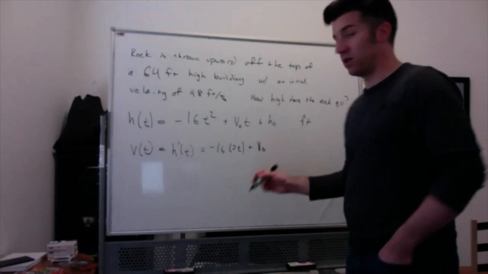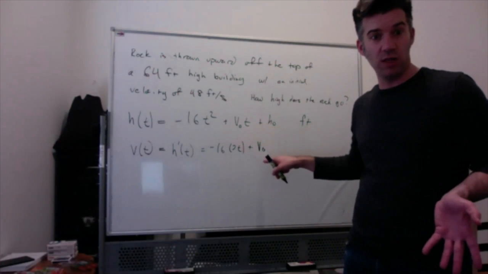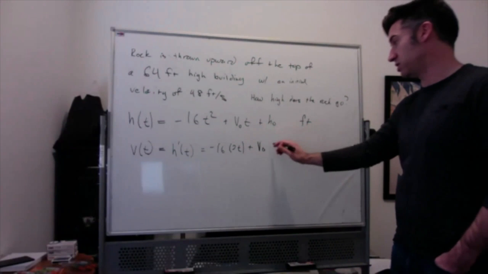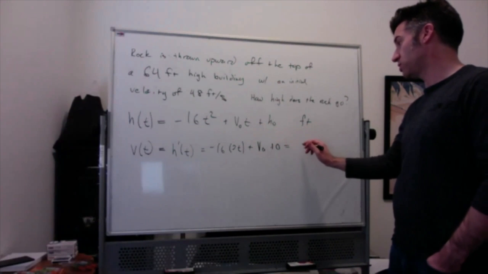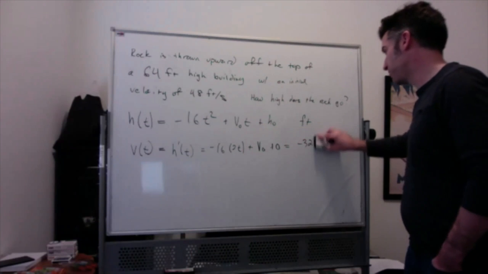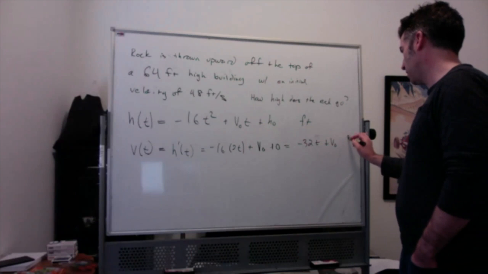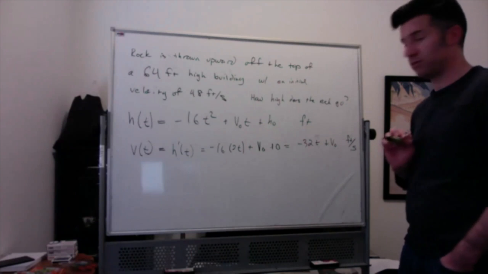More generally, the derivative of a constant times your variable is just the constant times 1, and the derivative of a constant is just 0. So this is equal to negative 32t plus v naught, and that's feet per second.